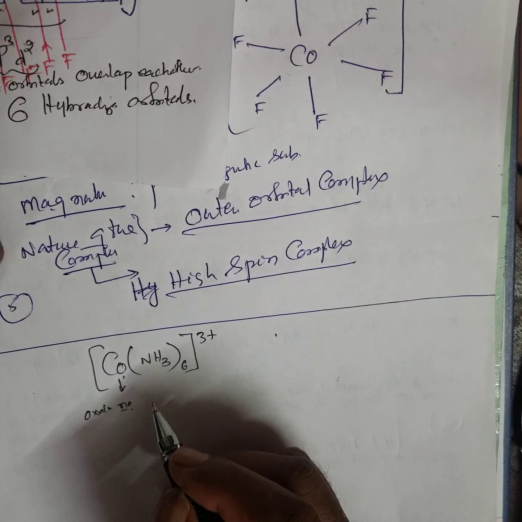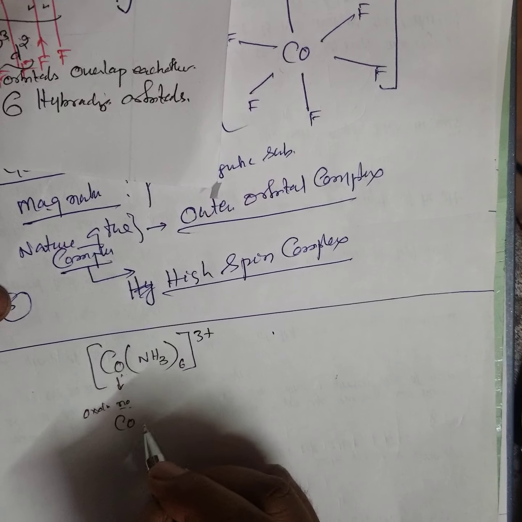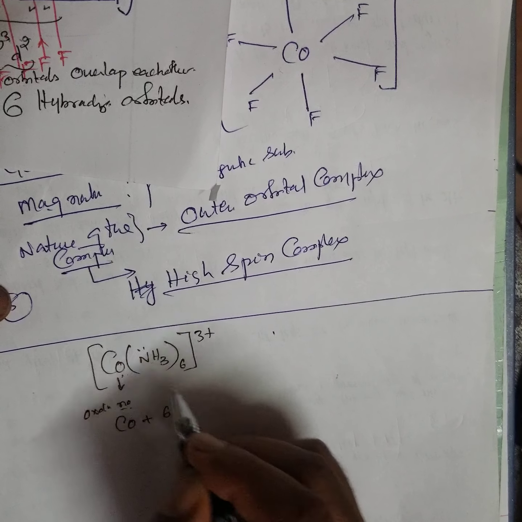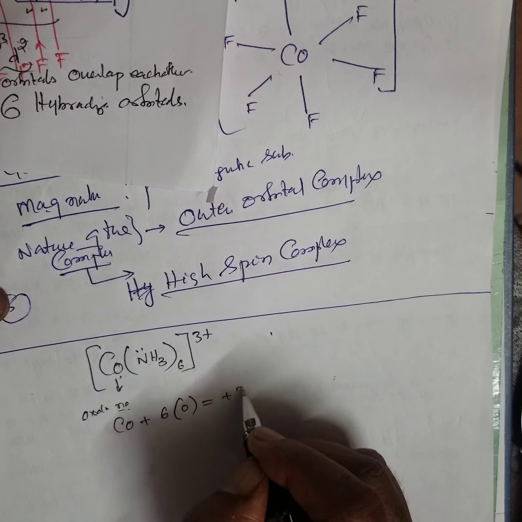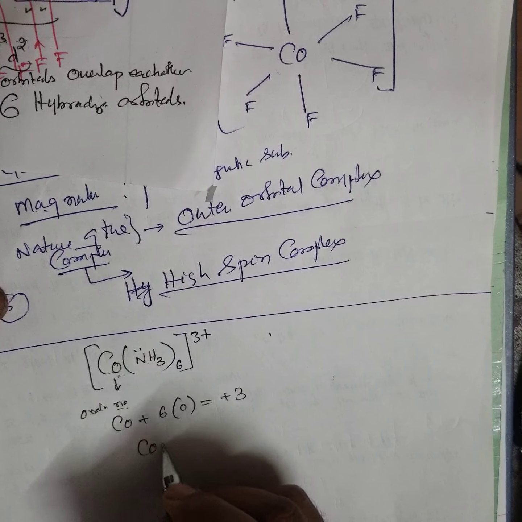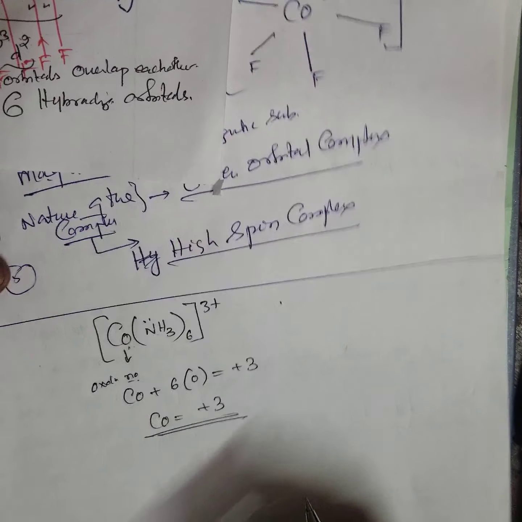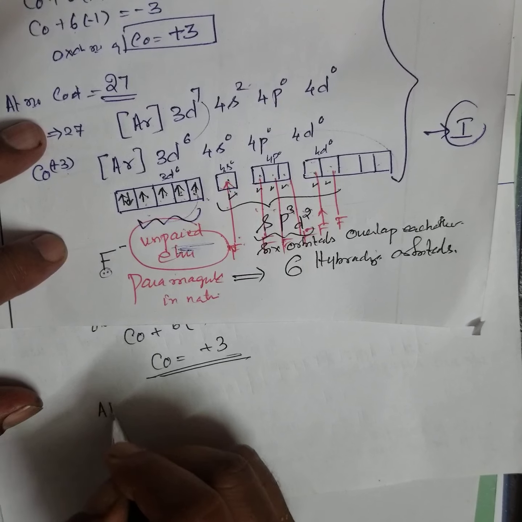Very simple. Cobalt plus 6, this is a neutral molecule, therefore it is 0, so cobalt is equal to plus 3. Therefore, cobalt oxidation state is plus 3.